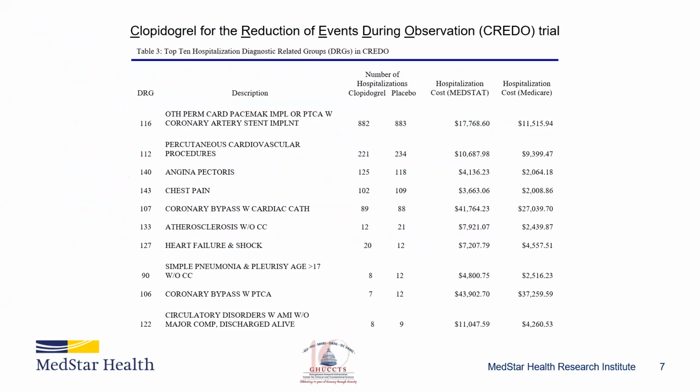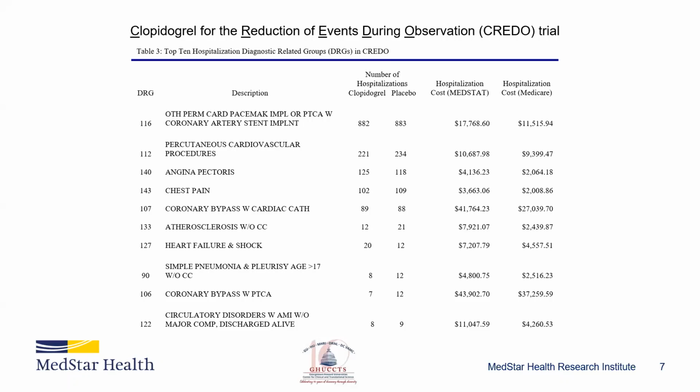So here's an example from the CREDO trial, which was quite a few years ago when clopidogrel was in the news, being looked at in the cardiovascular literature. I have several DRGs here. For example, the first one, 116, is a pacemaker implantation or an artery stent implant.